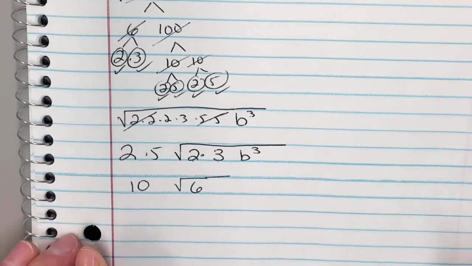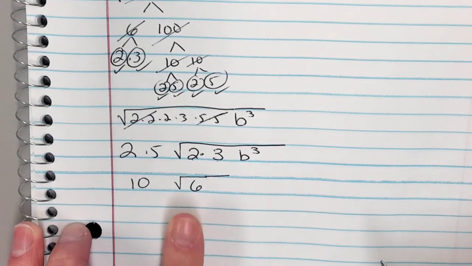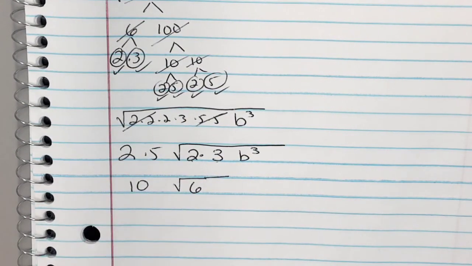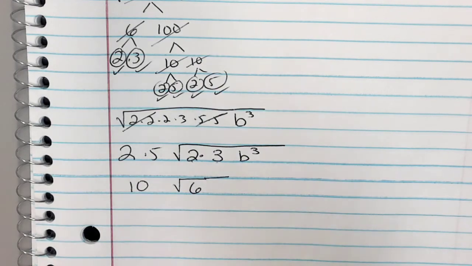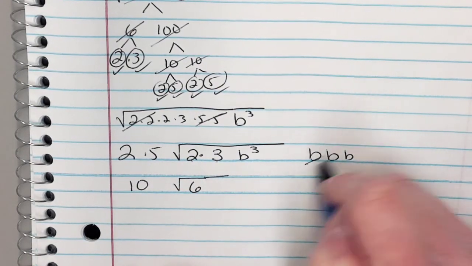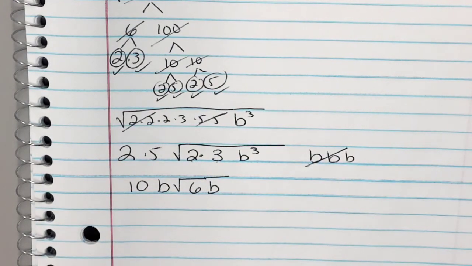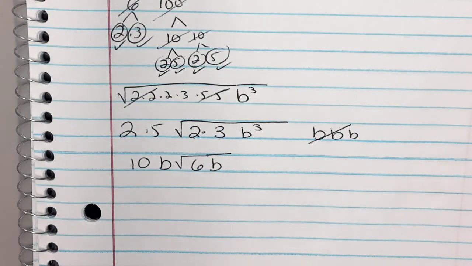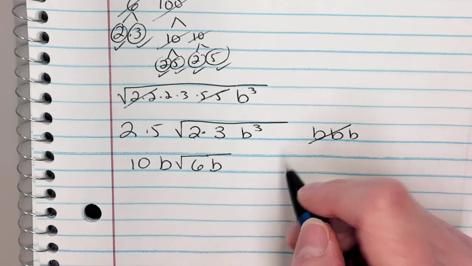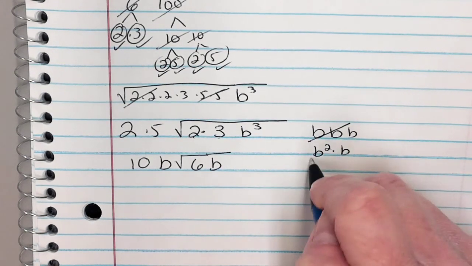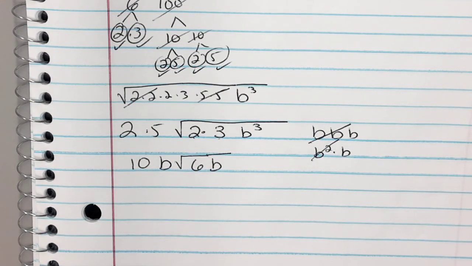And you're going to notice that I left some room between the 10 and the root. b to the third. Out comes a b, in stays a b. 2 goes into 3 once with 1 left over. You could look at it as b squared times b, out comes the pair.